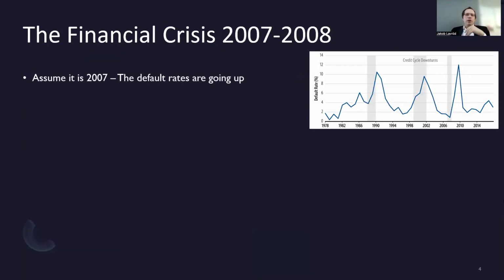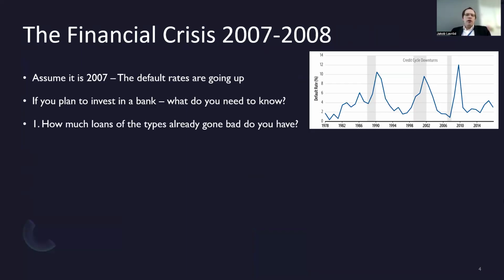So as we said, during the financial crisis, the problem was that if you wanted to invest in a bank, what is it that you need to know? Well, you want to know how much of the loans have already gone bad, and what losses can be expected based on future forecasts. Nobody sits with a crystal ball, but if in current conditions I've seen so many loans default, and I know that I have loans of similar quality, it's interesting to understand what the losses will be if current conditions stay or develop as forecasted.